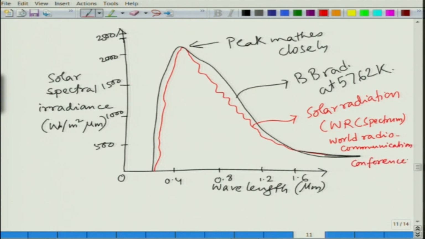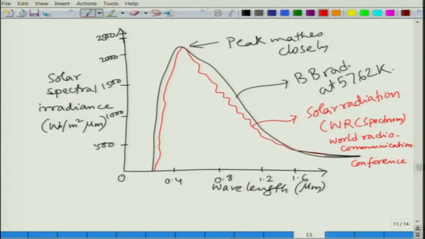So, it is a global body which designates that this is the standard solar spectrum, because we will see the solar spectrum is also not a universal, invariant thing. It changes with many parameters, where you measure, when you measure, and all those things. So, we have to fix that, okay, this is the standard value. So, we will take it from this particular monitoring body, the World Radio Communication Conference.